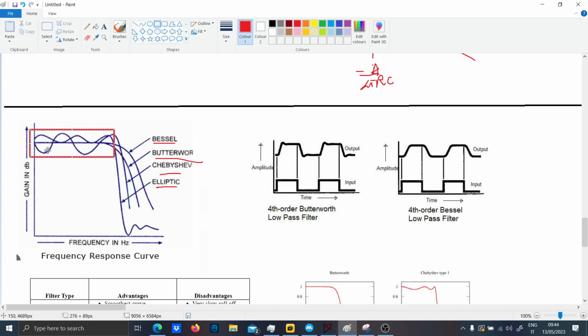In red, this is called the passband. Now, this type of filters have different applications. I would say that the Bessel and the Butterworth, these two have the flat passband.